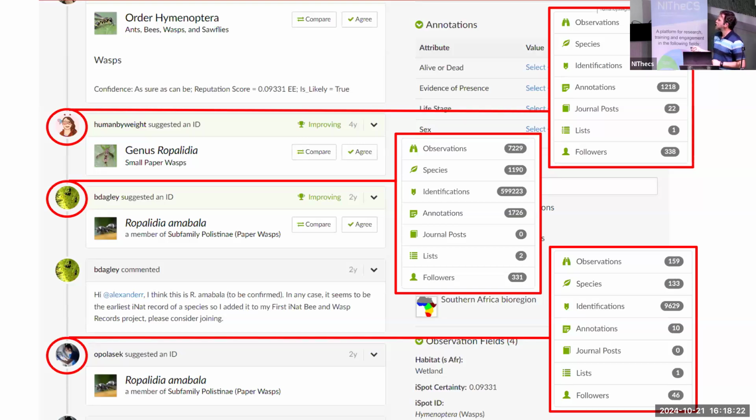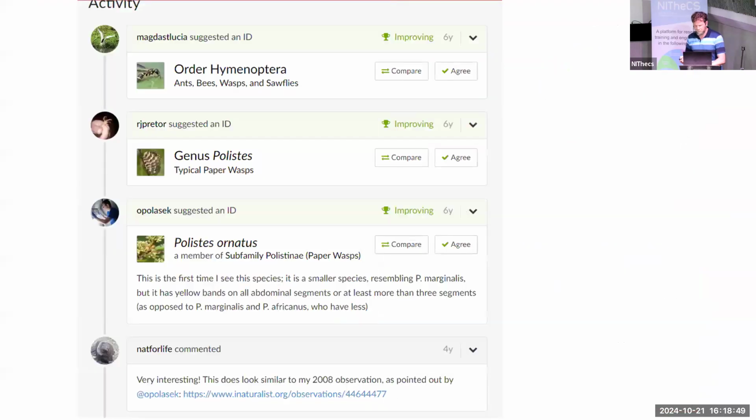So this person is a real workhorse going through all these records and turning them from observations into research grade data. And then here we have a person, this is an actual taxonomist, and it's also a modern taxonomist because he's actually using iNaturalist. And yeah, maybe only 9,000, almost 10,000 identifications, but it is a lot. And this person has a different job on the platform.